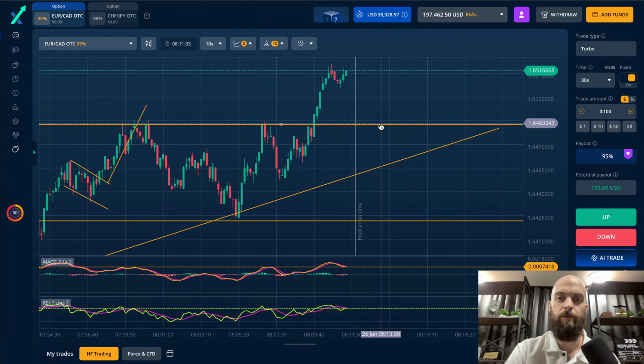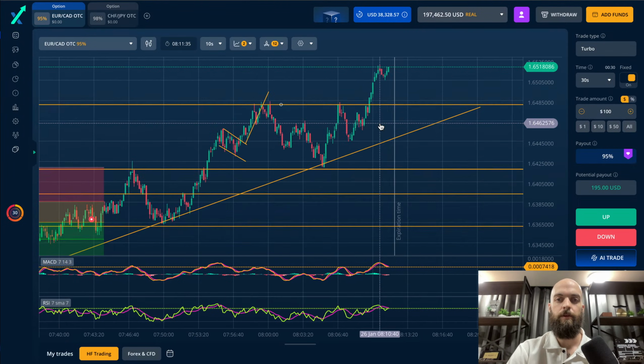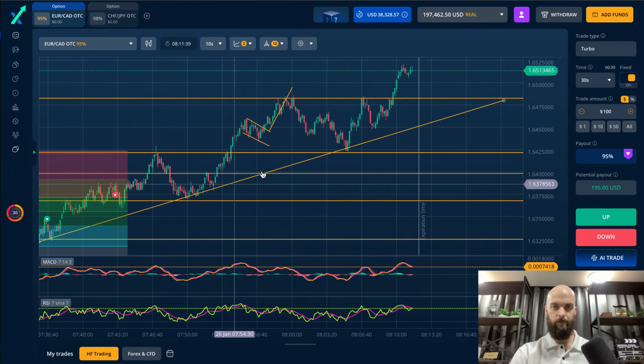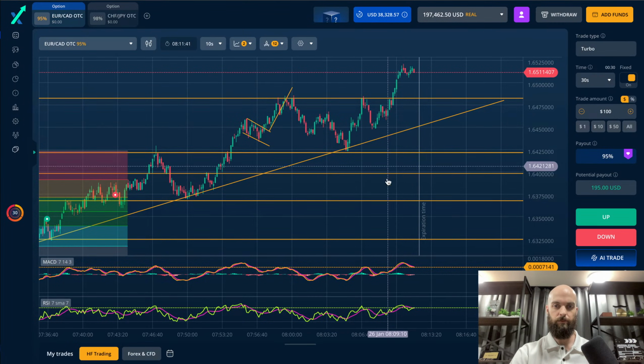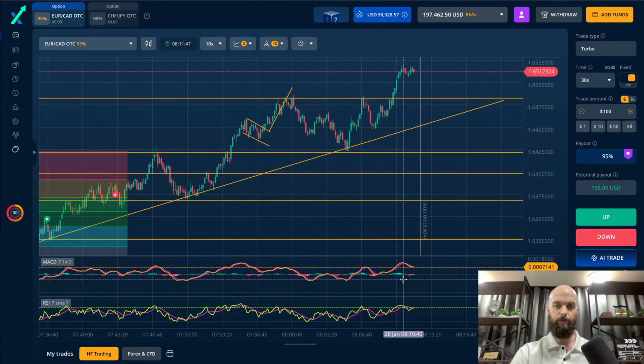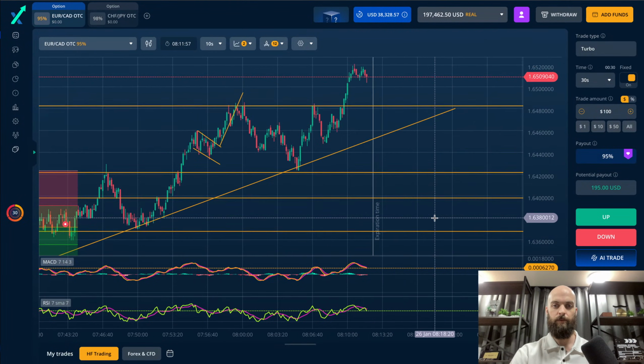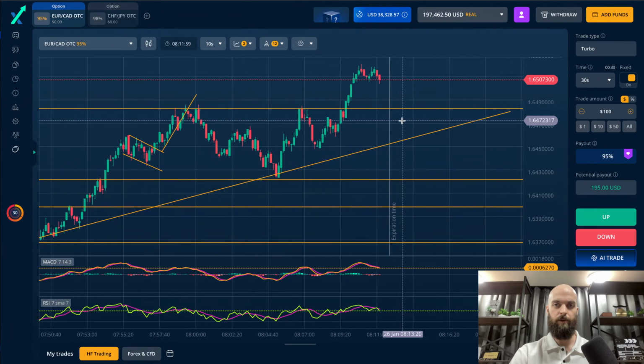Got some breakthrough right here. I think our trend's gonna keep continuing. Momentum climbing. That looks good. Double top up there.